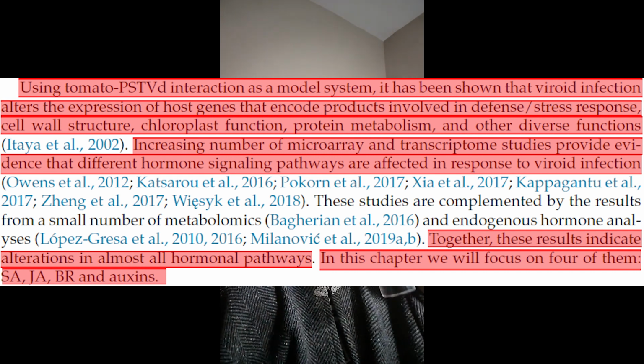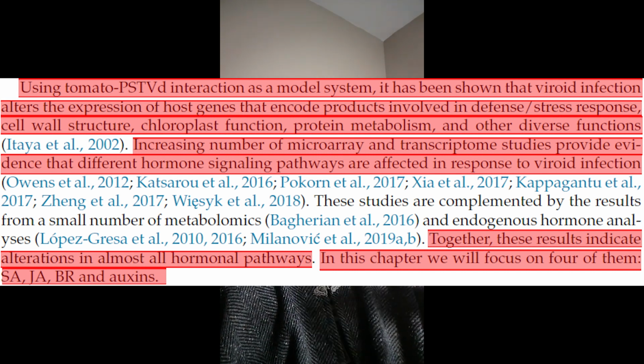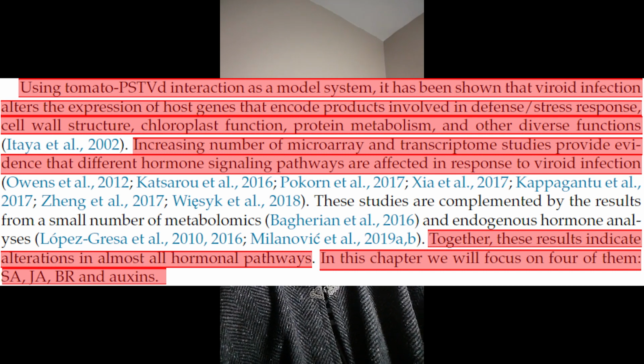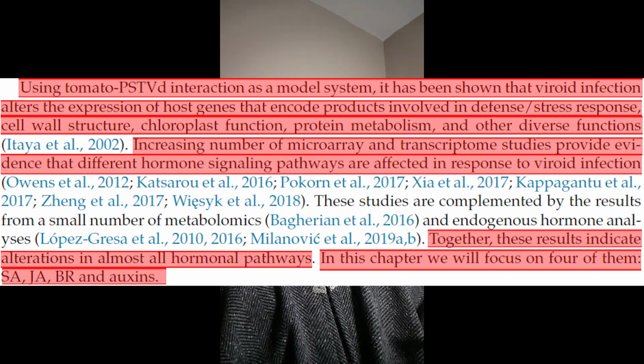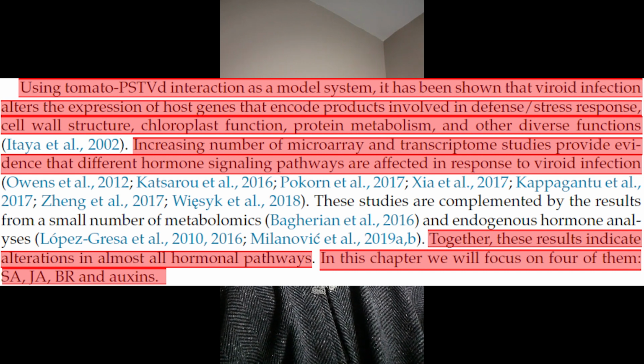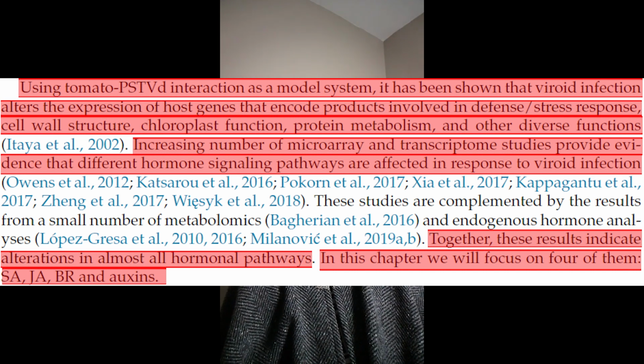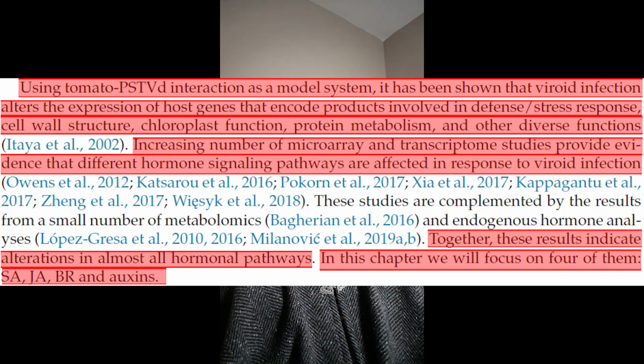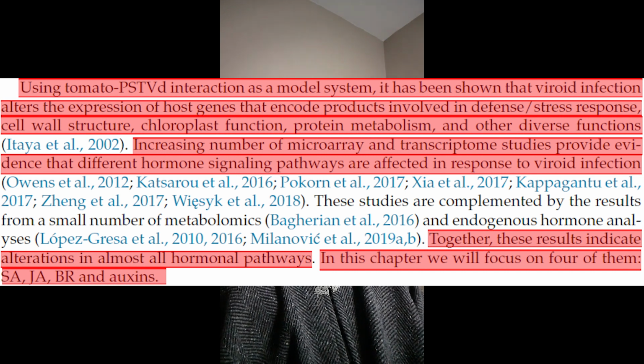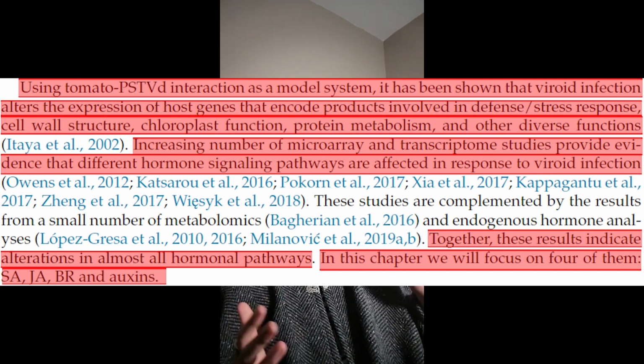So a lot of things. Increasing numbers of microarray and transcriptome studies provide evidence that different hormone signaling pathways are affected in response to viroid infection. Together, these results indicate alterations in almost all hormonal pathways.